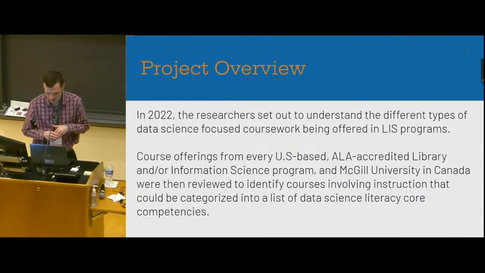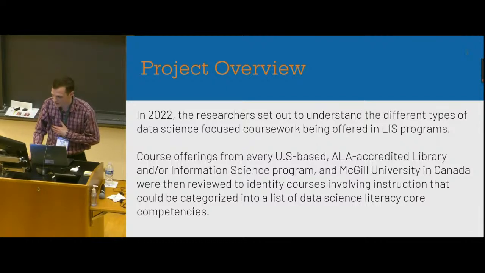We then coded each course we identified from those ALA accredited programs into one of these 8 competency areas to see which types of courses were most and least frequently represented in regularly offered courses, so that does not include special topic courses. It was all US-based ALA accredited programs and McGill University in Canada.